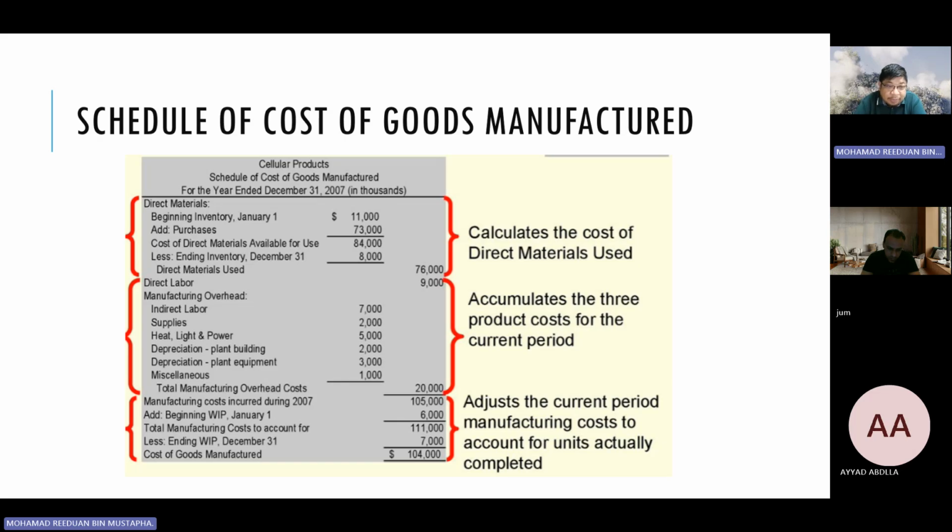And then after you add the manufacturing overhead, you can get the total manufacturing cost incurred during 2007. So the adjustment of current period manufacturing cost to account for units actually completed, by taking care of certain adjustments. So this is one of the examples of how we calculate the cost of goods manufactured.